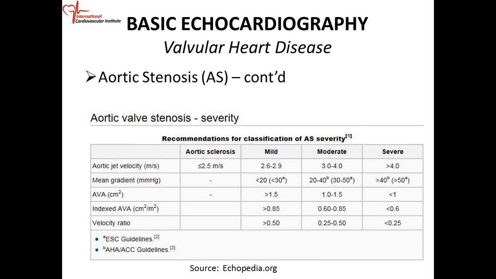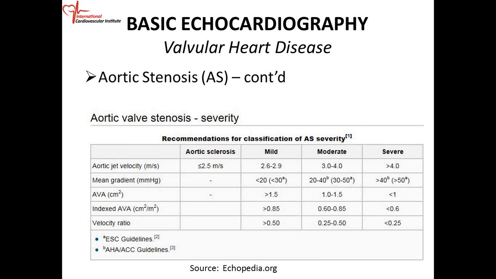No, it's the gradient across the valve. It's the mean gradient across the valve. So for severe, you're talking about the maximum velocity. So we're using different things here now.